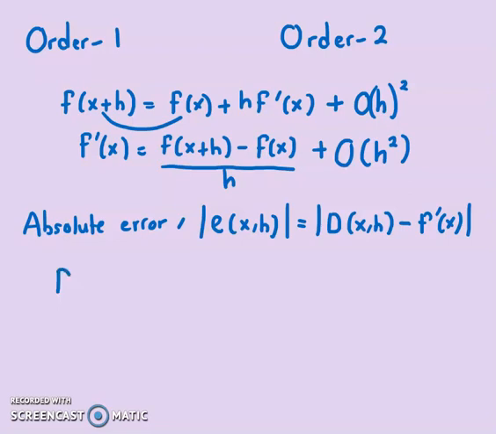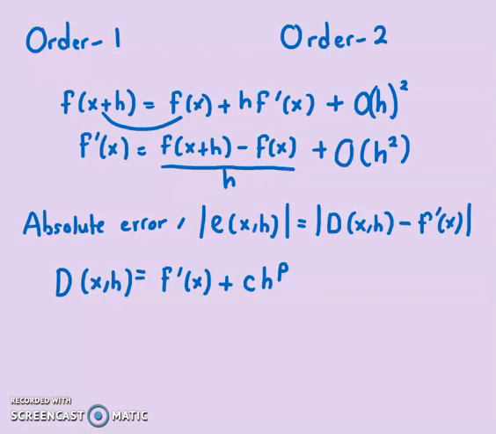So what is my D(x,h)? This is equal to f prime x. Okay, it's right? Because this is D. But then we have something in the power of h squared here, so I can write it as C h^p, where C is a constant, and this h to the power of p depends on your p here. If you're looking at second derivative and so on, your p will increase.